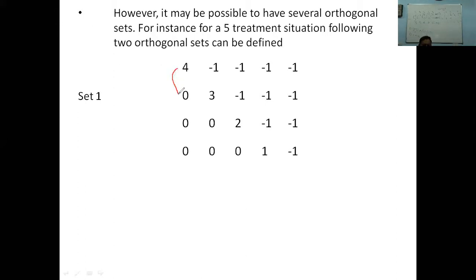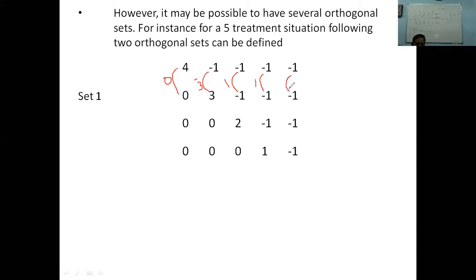Multiply these two. What is the value? 4 times 0 is 0. Minus 1 times 3 is minus 3. Minus 1 times minus 1 is 1. Minus 1 times minus 1 is again 1.